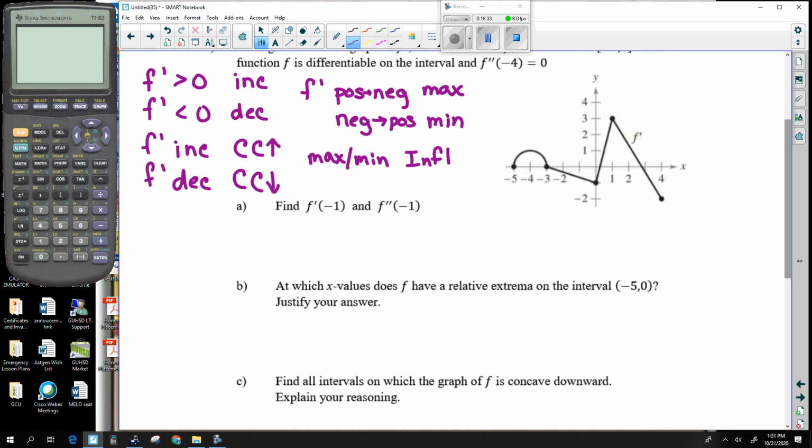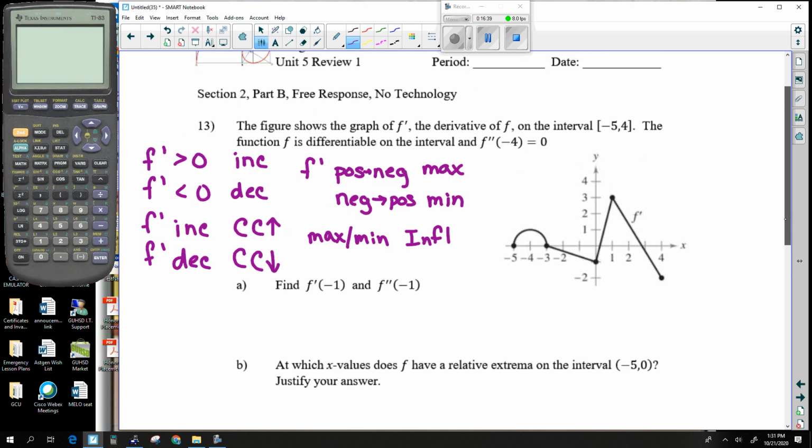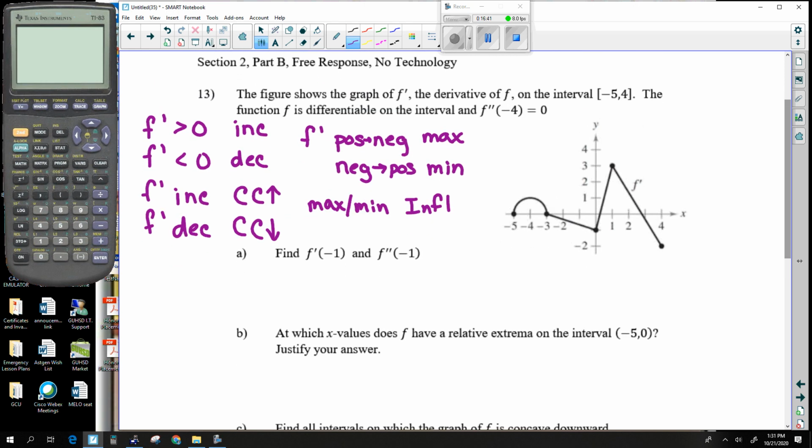So find f prime of -1. So f prime of -1, I feel like this has a slope of what? -1/3.